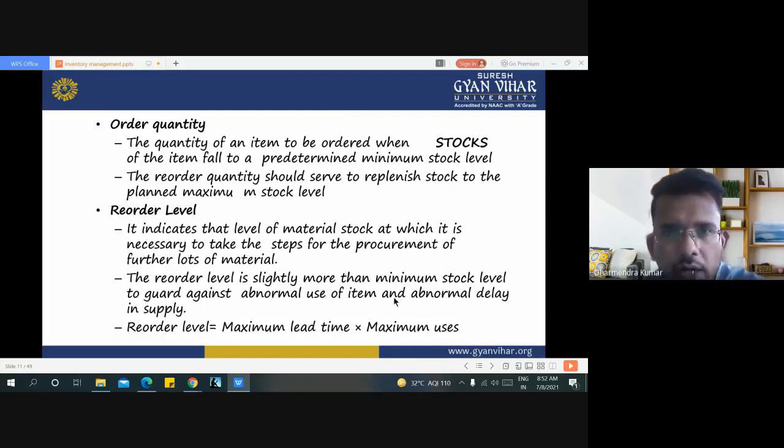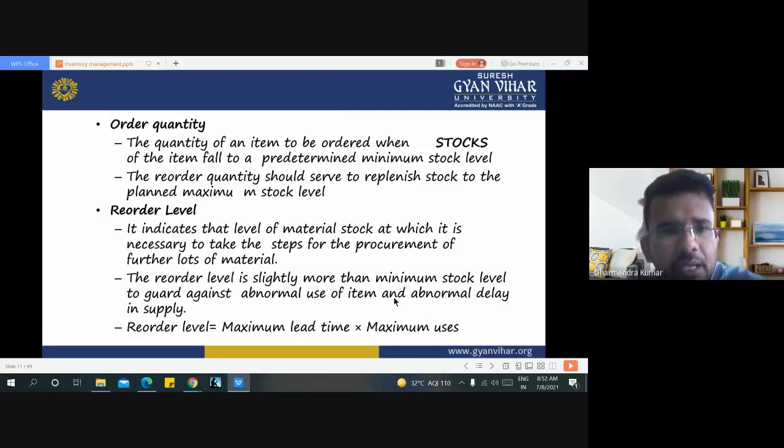The reorder quantity should serve to replenish stock to the planned maximum stock level, and we try to maximize our stock level. For this, we can order the raw material from the various suppliers regularly, follow up, and try to receive the raw material at the earliest.